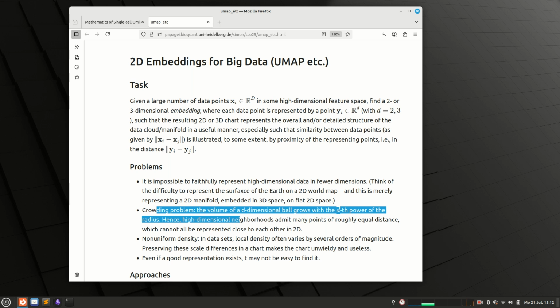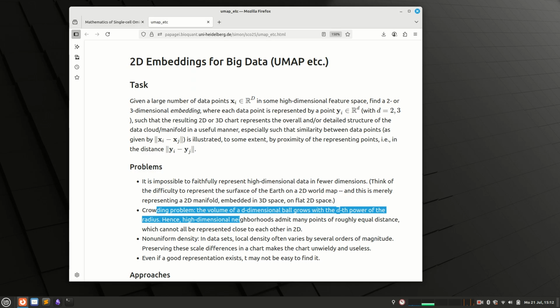Another issue is non-uniform density. If in our single cell data we look at the distance from one cell to, say, the 20th nearest neighbor, that's always a good proxy for density. I'm just asking how far I have to go to get a ball which contains 20 cells, so I take the distance to the 20th nearest neighbor. That's a good approximation of 1 over the density.